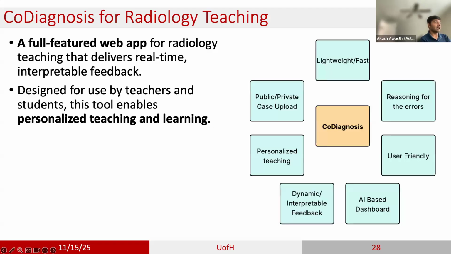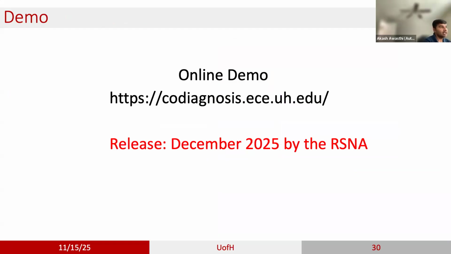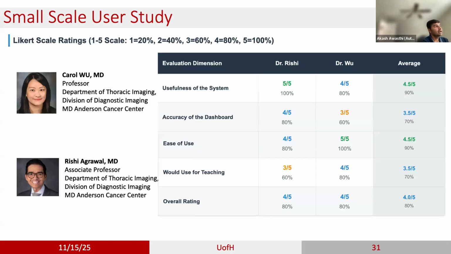You can upload cases, and it generates a dashboard telling the student what they missed, and gives personalized learning opportunities, with reasoning based on their gaze specifically. This website will be released by the Radiology Society of North America, RSNA, in December, and then people can start using it.